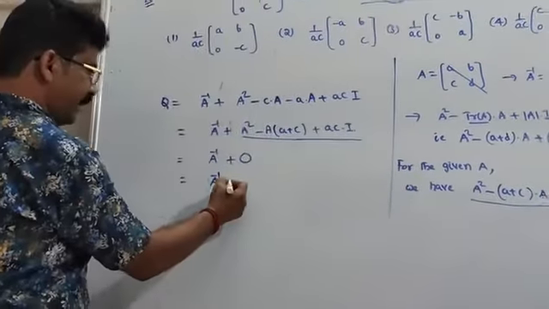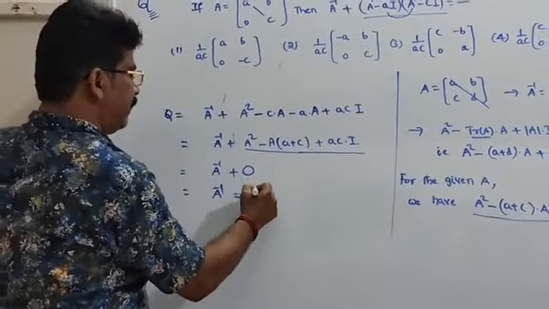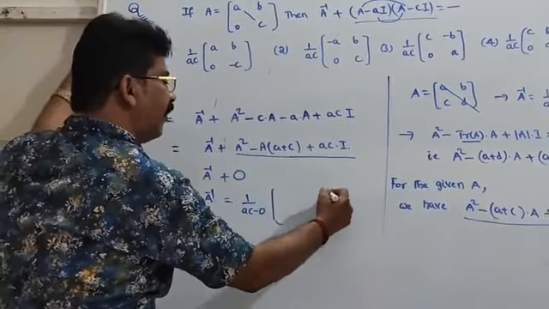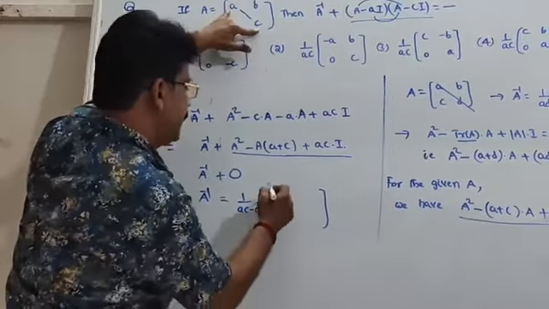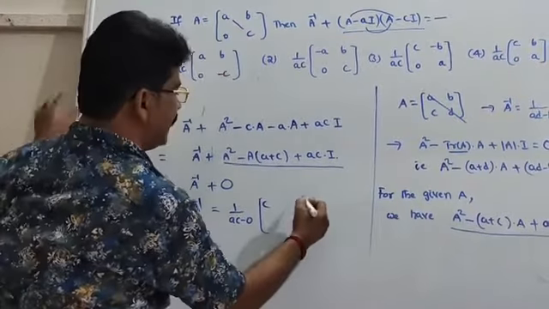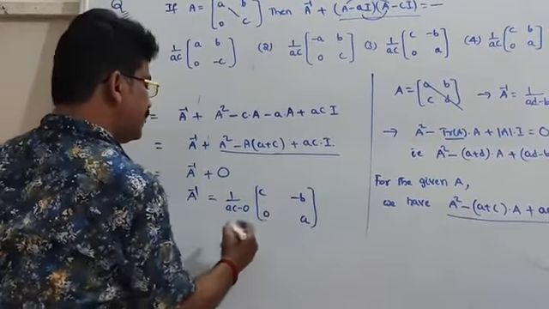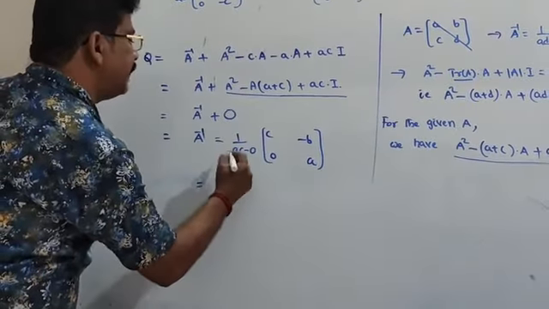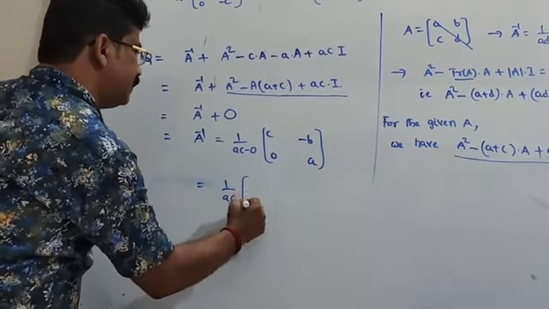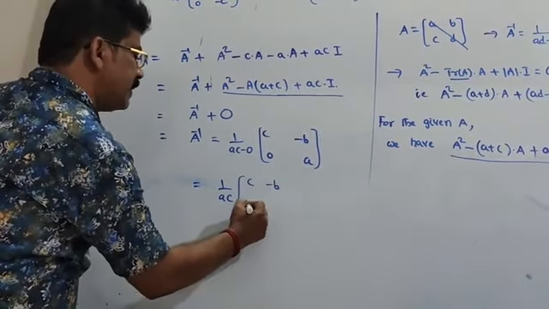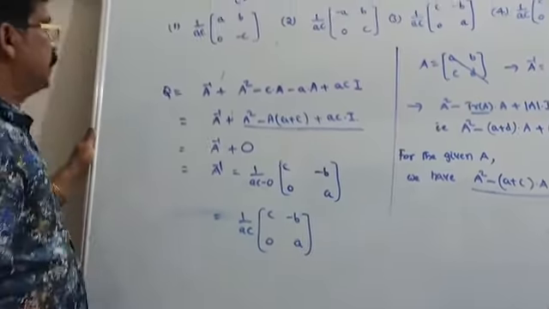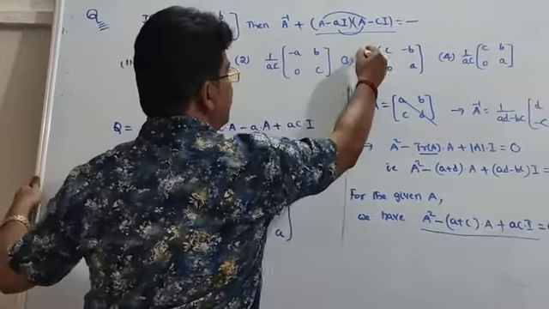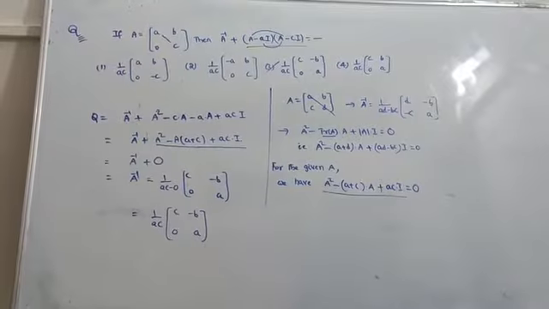According to that, we can write A inverse as 1 by AC minus 0 into the matrix of interchanged C, A, next minus B, minus 0 means 0. So that is equal to 1 by AC into the matrix [C, minus B; 0, A]. So which option is right? Third option is right, hence the problem.